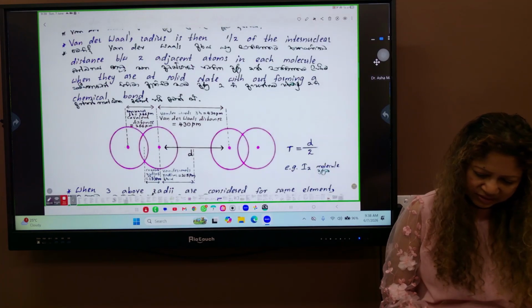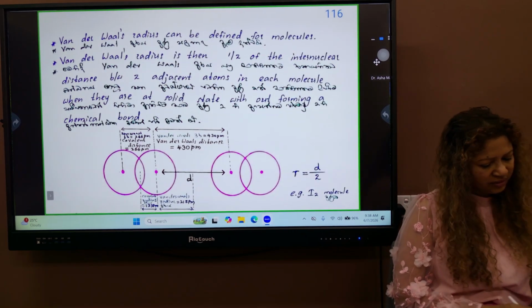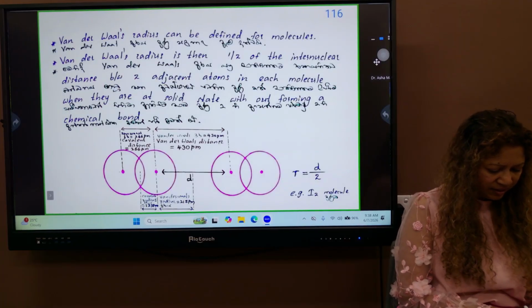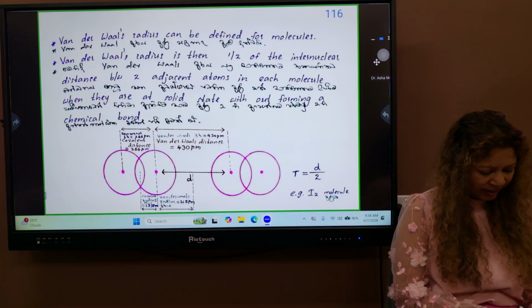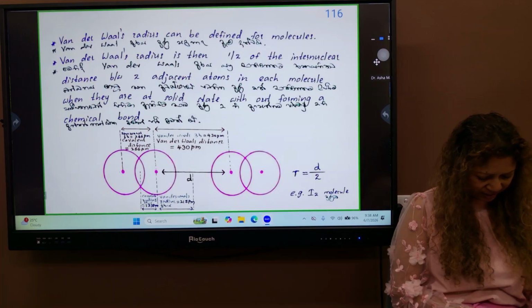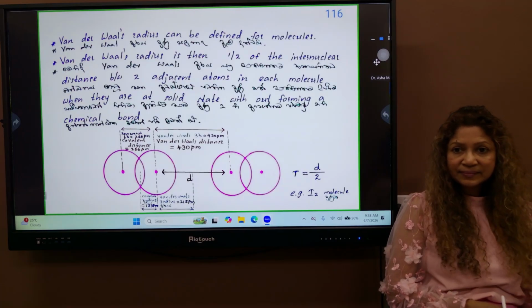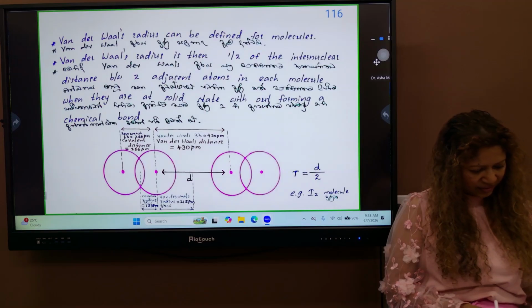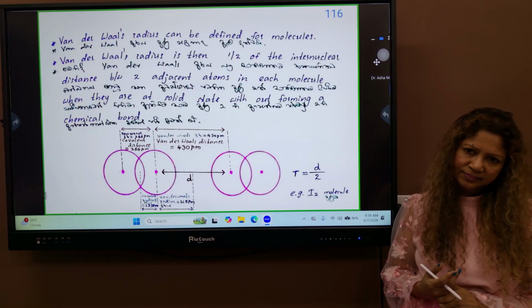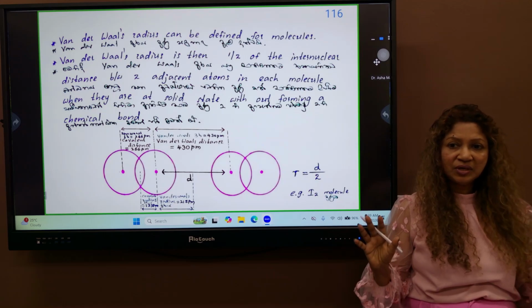Now tell me which radius is the greatest out of these, metallic, ionic, and van der Waals. Which radius is the smallest, and which is the greatest? The largest radius is van der Waals, because those are not true bonds.